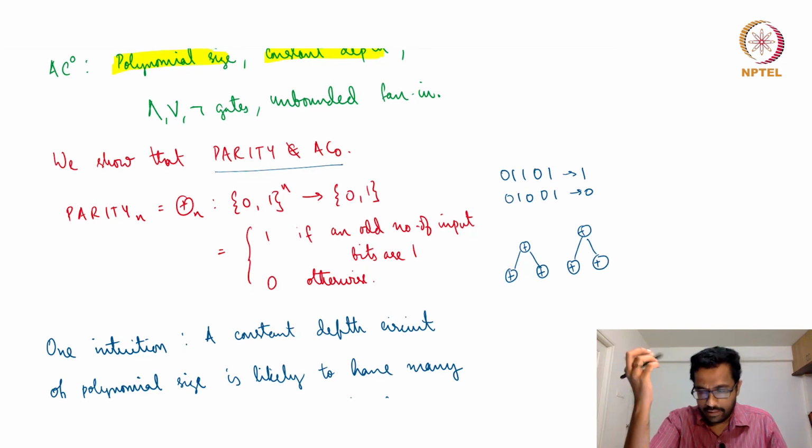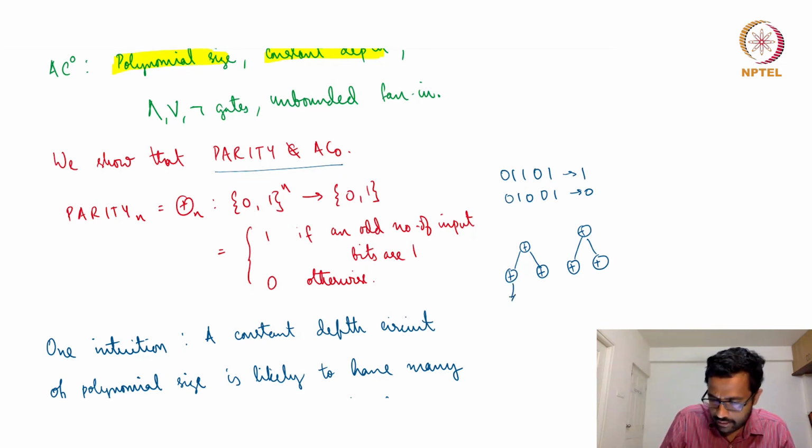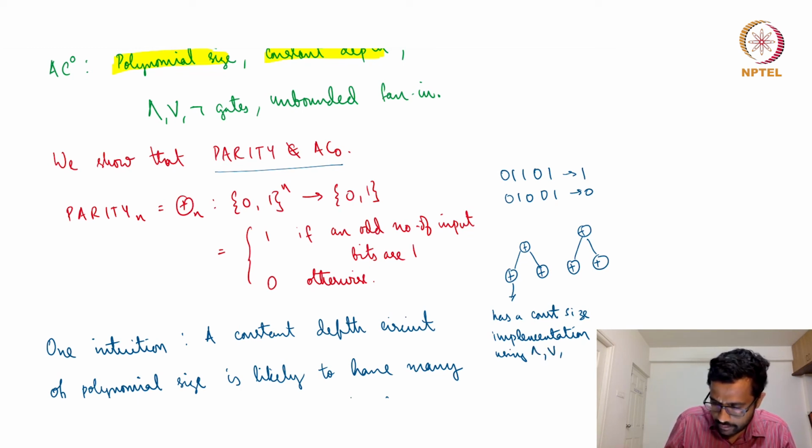Each of these parity gates has a constant size implementation using AND, OR and NOT gates. So that is why parity is in NC1.